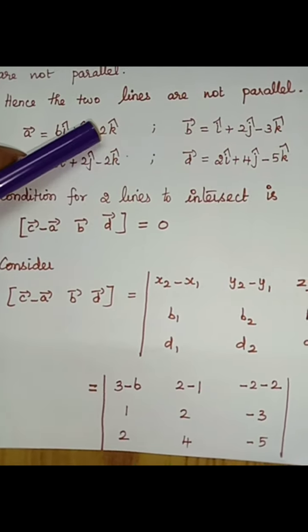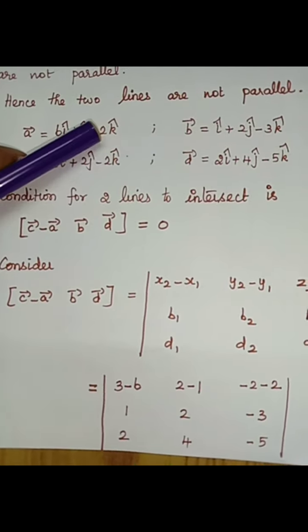Your d1 is 2, d2 is 4 and d3 is minus 5. So you have substituted. 3 minus 6 is minus 3, and 2 minus 1 is 1. Minus 2 minus 2 is minus 4. When you evaluate expanding by R1, you will get the answer as minus 7.